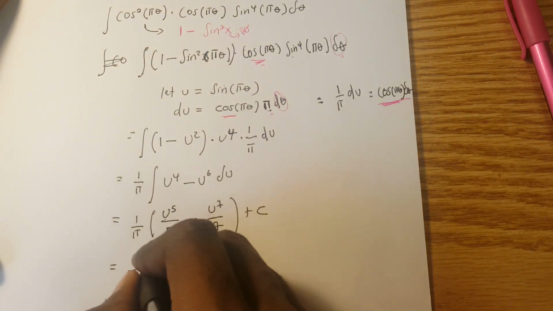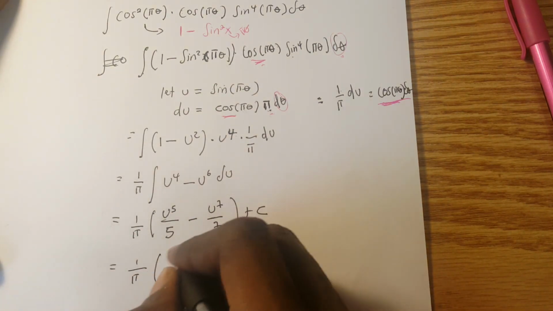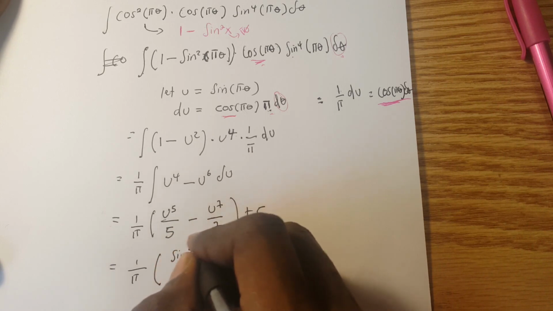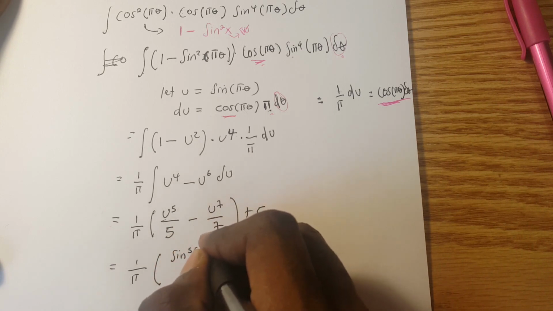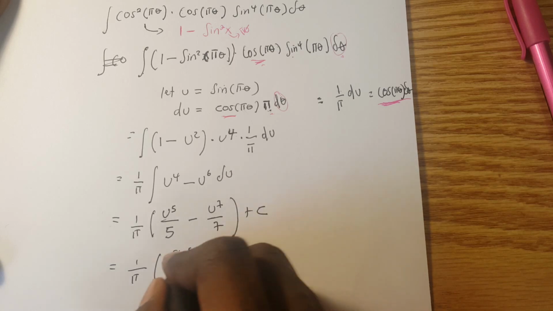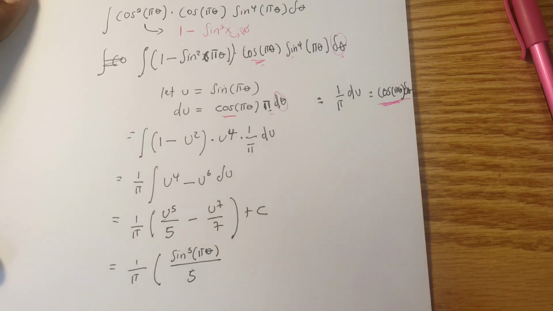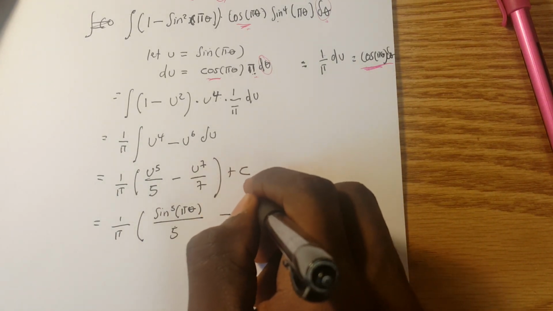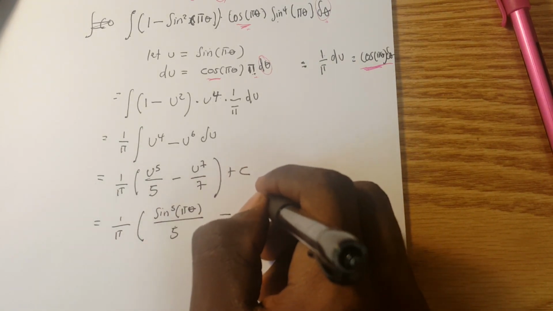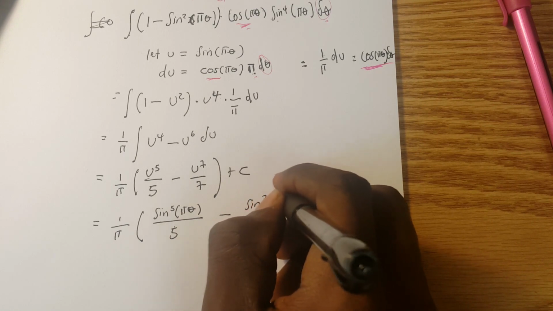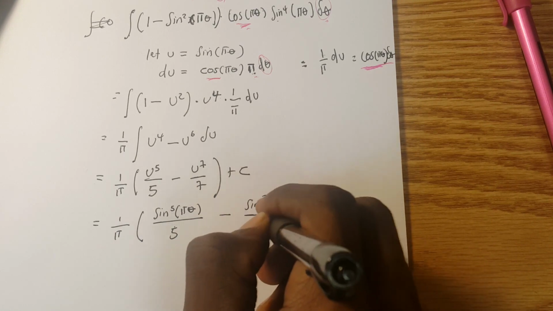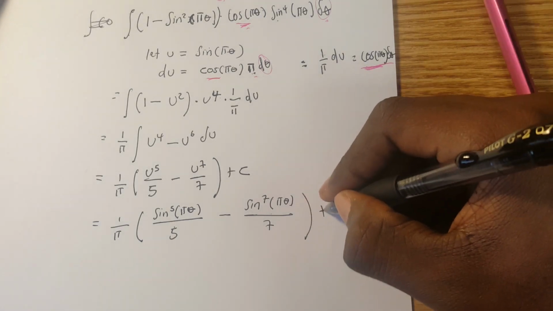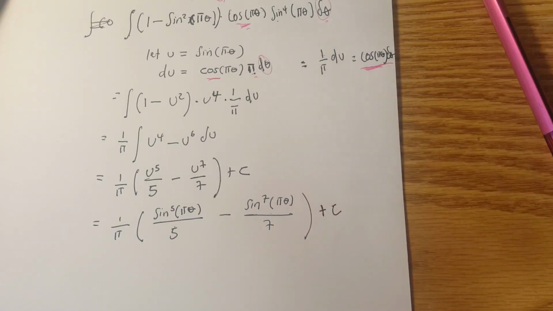So we're going to have 1 over pi, giving us sine to the 5th pi theta, all divided by 5, minus sine to the 7th pi theta, all divided by 7, plus c.